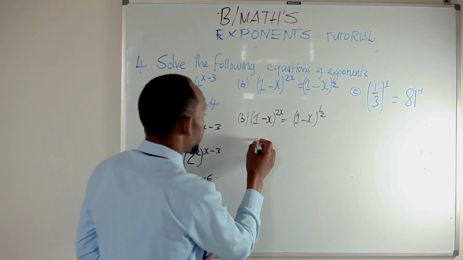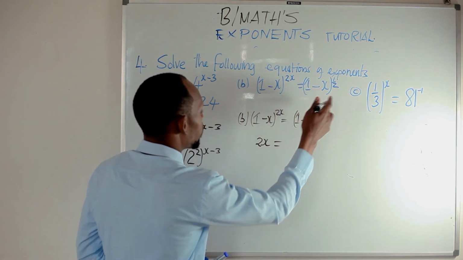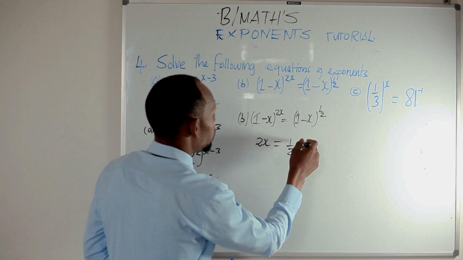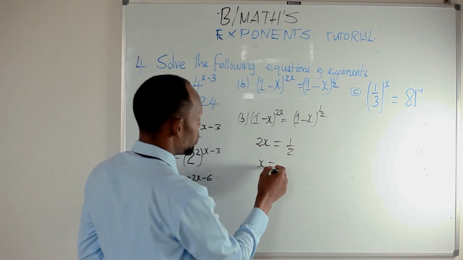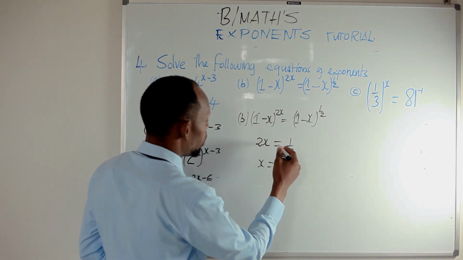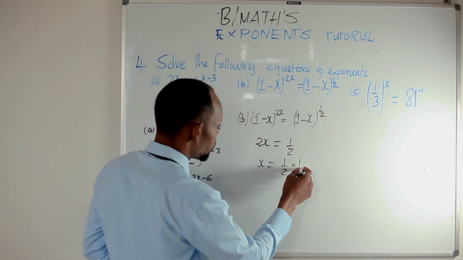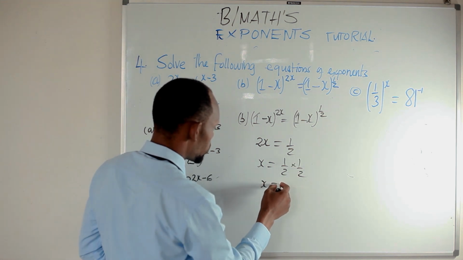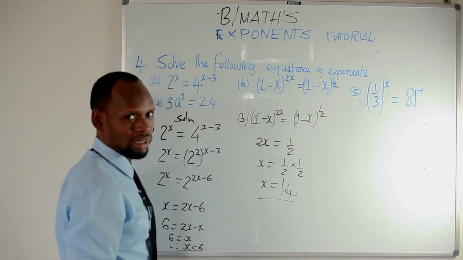Then you compare the exponents, 2x compared to this one. Therefore, the value of x will be a half times 1 over 2, divided by 2, so x equals 1/4. So that is the answer.